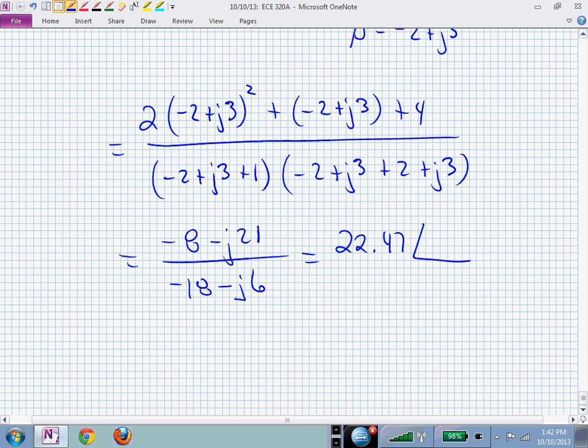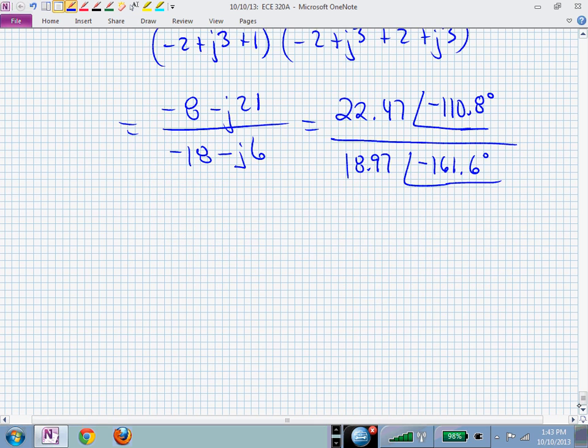And what's the angle? It's going to be an angle that puts me in the third quadrant, which better be between minus 180 and let's say minus 90 in terms of its range. And it's minus 110.8 degrees. The denominator is going to be a little bit bigger than 18. It's actually 18.97 at an angle of minus 161.6 degrees. Now with quotients, I just take the quotient of the magnitudes and subtract the angles.